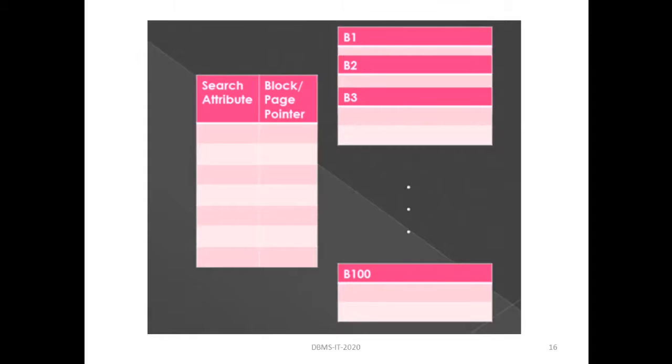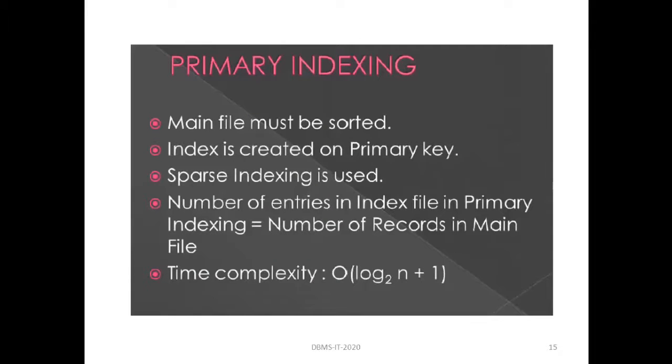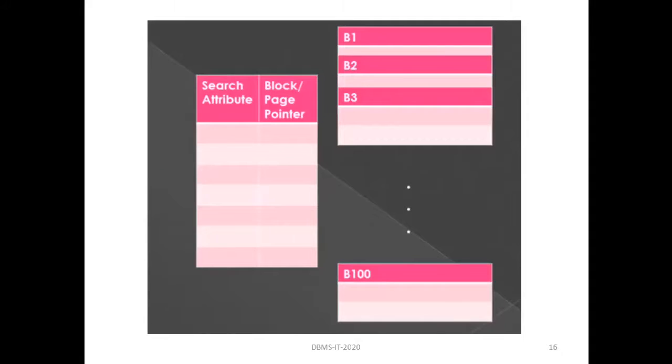And you can see the time complexity is big O of log n plus 1. So log n is basically required to point to the given record in the main file, and the particular block is accessed. After that, the record is fetched. For that, it requires some constant time.